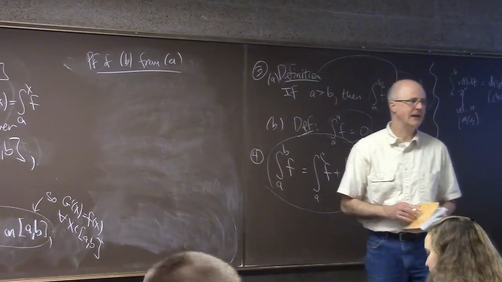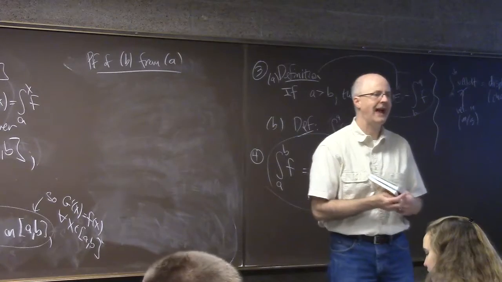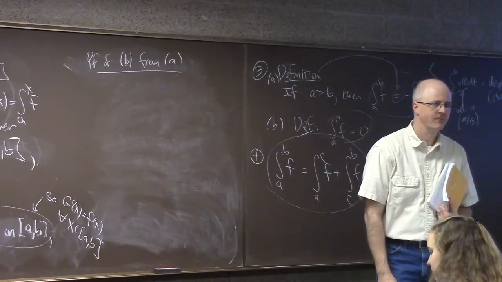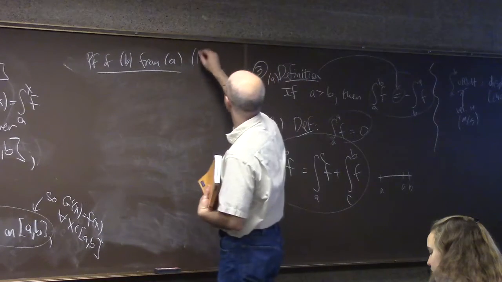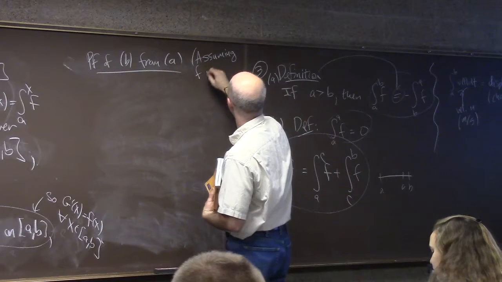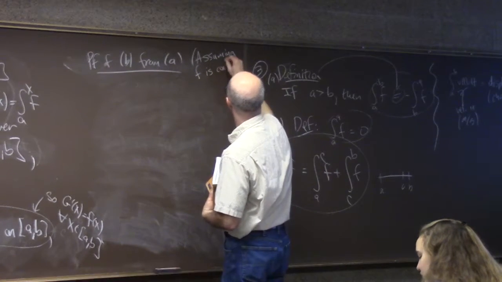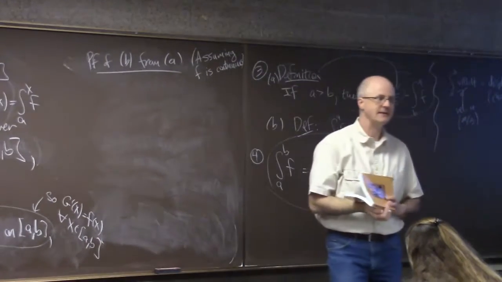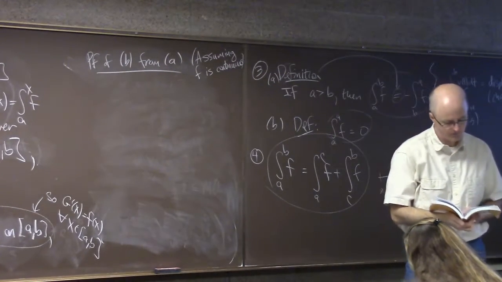In number 14, they go ahead and add the extra assumption that little f is continuous. It can be proved without that assumption. Part B can be proved without the assumption that little f is continuous.